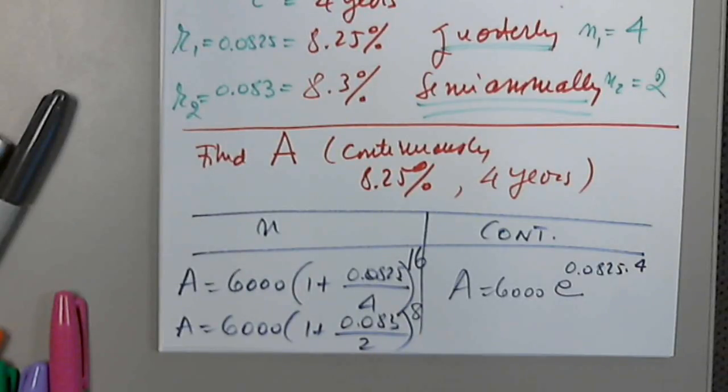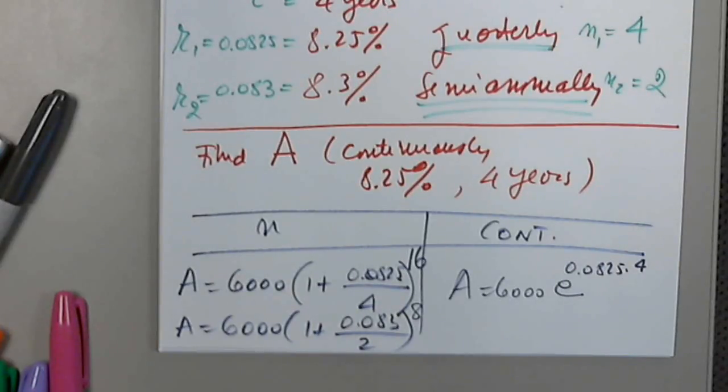And I will just be changing 0.0825. I'm going to put 3 and delete the rest and divide by 2, and then the power will be 8. So the next one is 8306.64.